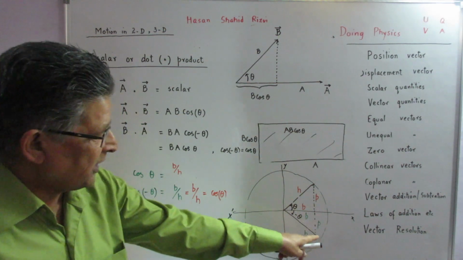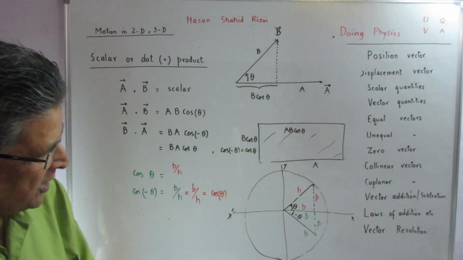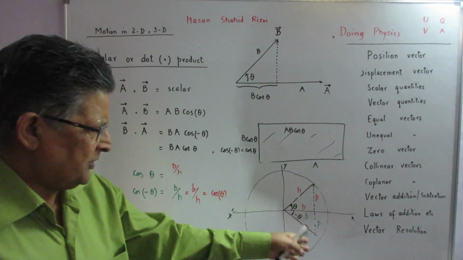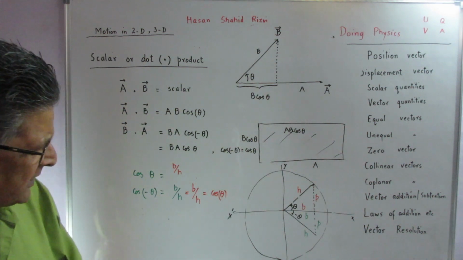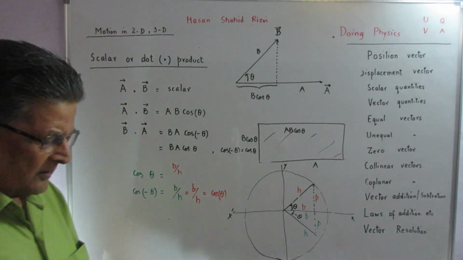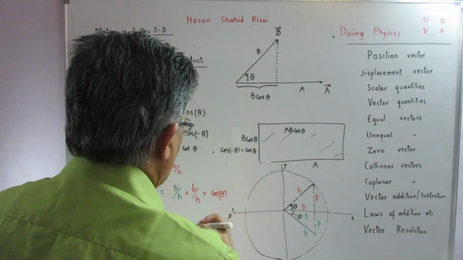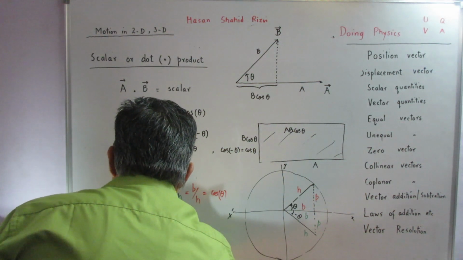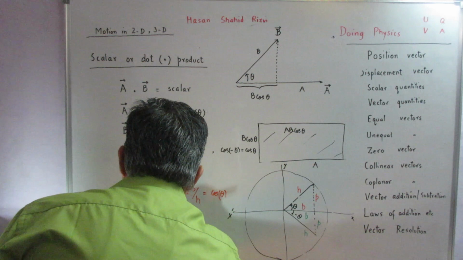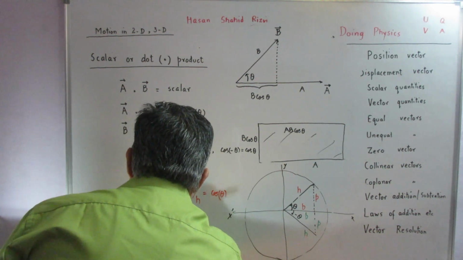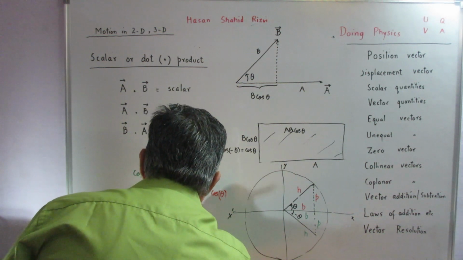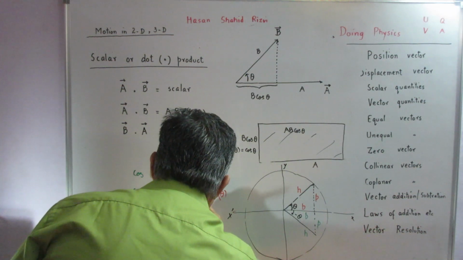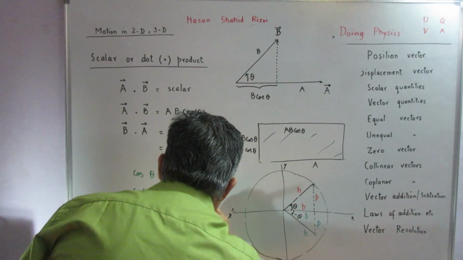So p becomes negative, this green p becomes negative, h remains without that. So we can directly write the result I have already done, that sine of minus theta is equal to minus times sine of theta.